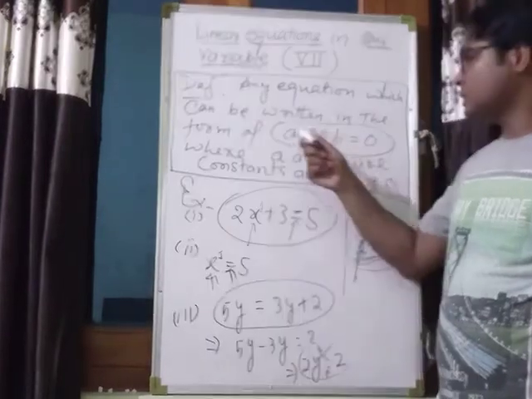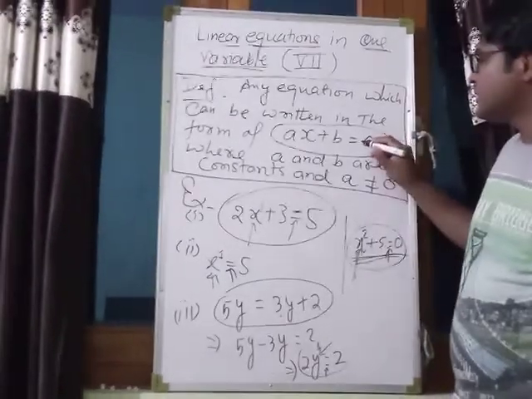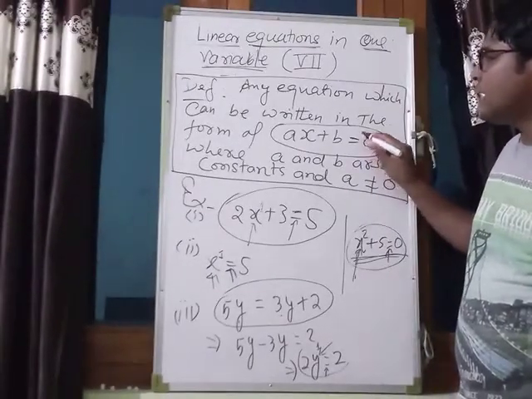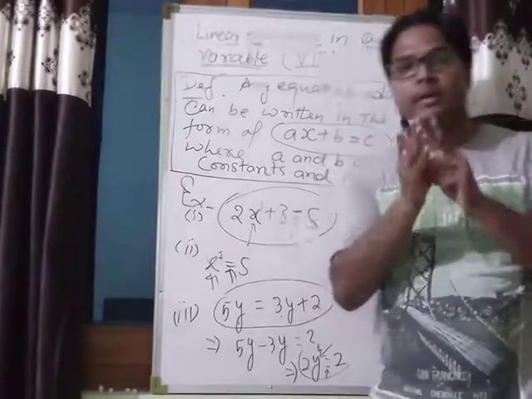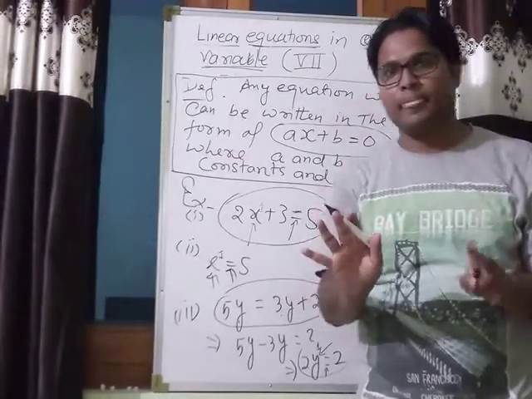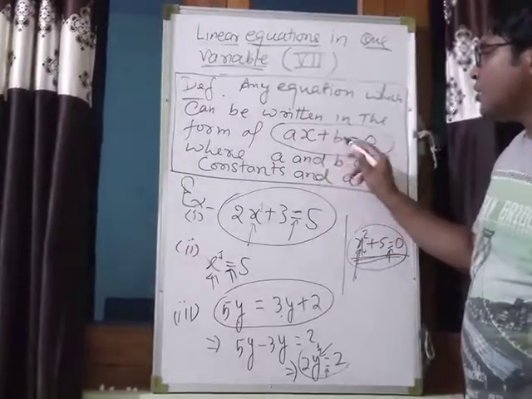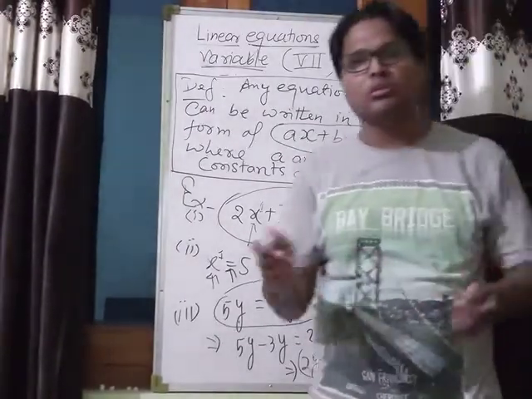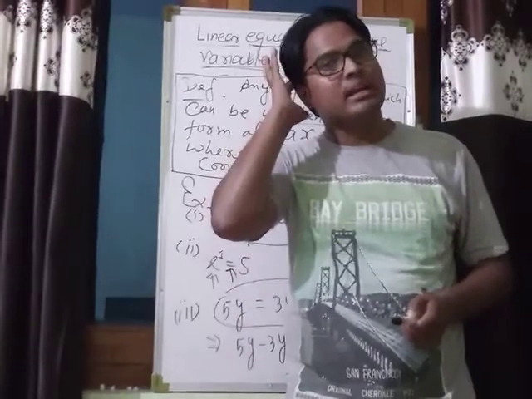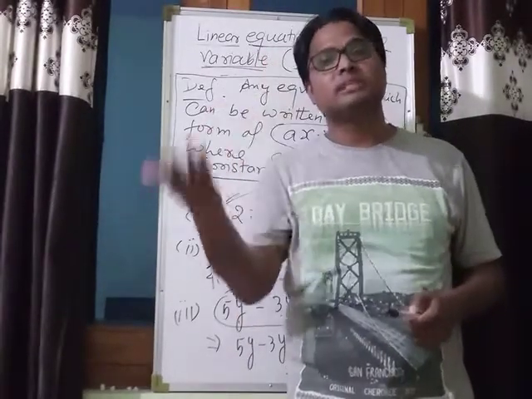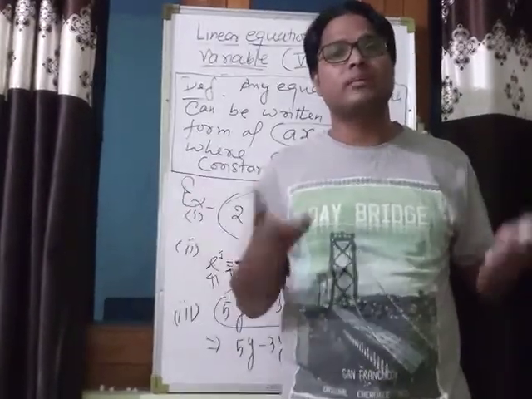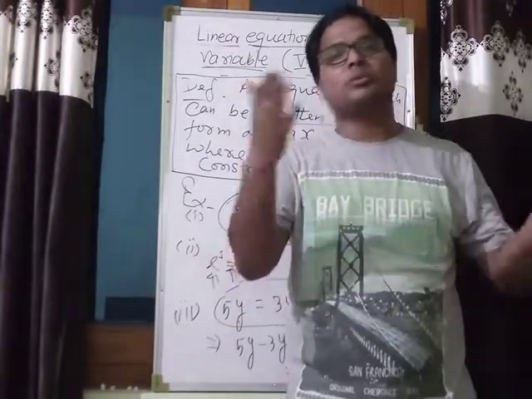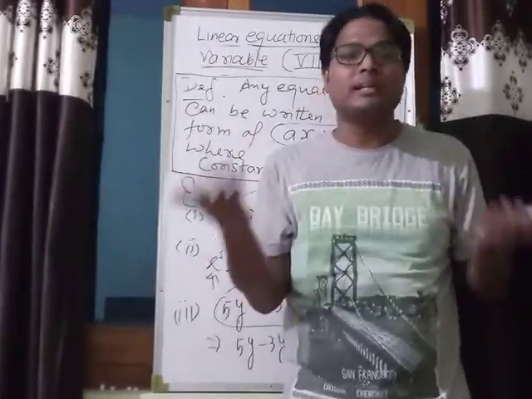Carefully concentrate here. See, here equal sign is present, that's why this is an equation. Here a and b are constants. You know, constants are those symbols whose value cannot be changed, meaning 2, 3, 5, 7, 0, minus 1, 1 by 2, 1 by 3, 1 by 5, like this.